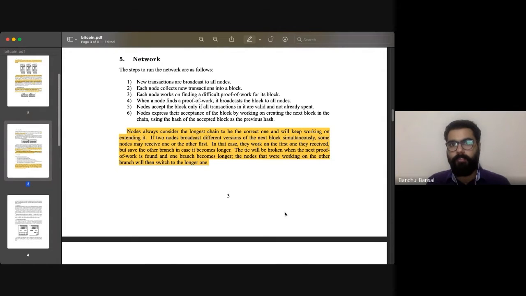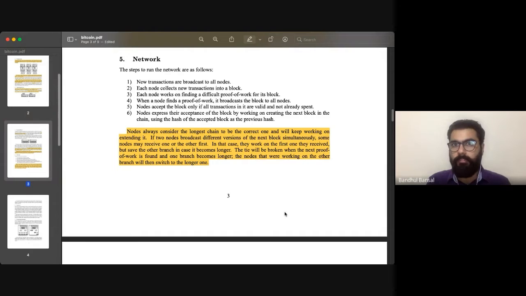So what happens when a transaction is done? That transaction is actually broadcasted to the network, to the whole system of nodes that are running the blockchain, right? When a node receives that transaction, what it does is try and insert it into a block, right? After that, what that node works on is to find a proof of work for its block.